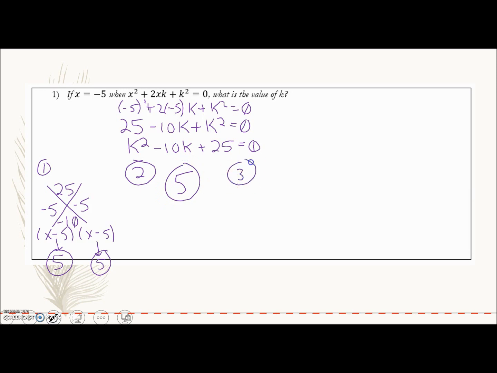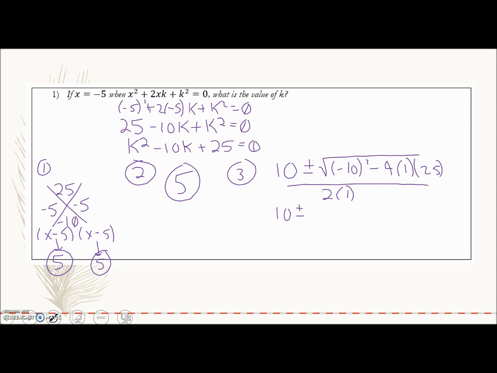And then the third is the quadratic formula. So you do -b, so b in this case is -10, so -b is +10, plus or minus the square root of b squared, so -10 squared, minus 4a, which is 1, and c, which is 25, all over 2a, 2 times 1.